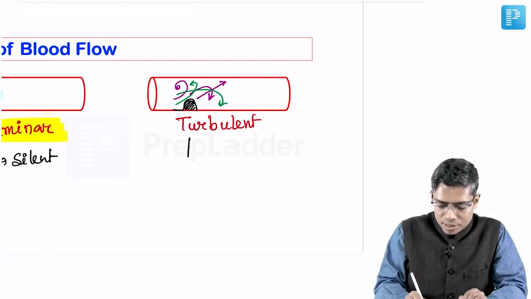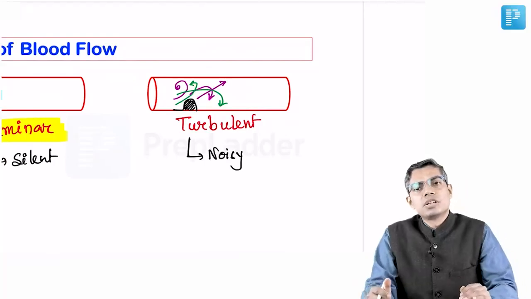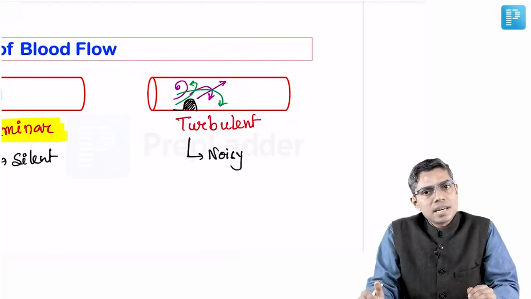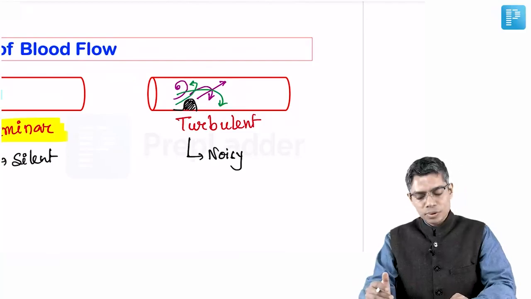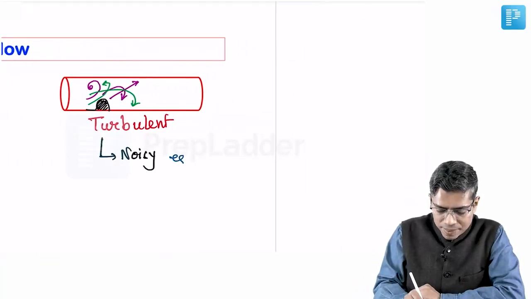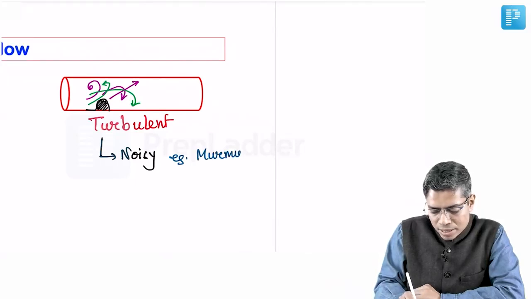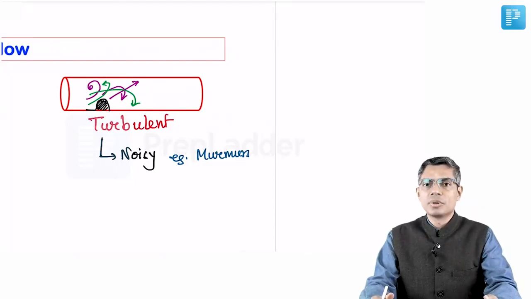Whenever there is turbulent blood flow, it will always produce some noise. So remember, turbulent blood flow is noisy in nature, right? Before discussing when turbulent flow happens, look at the examples of turbulent blood flow. All kinds of murmurs which originate at the level of the heart are due to turbulence of blood flow.